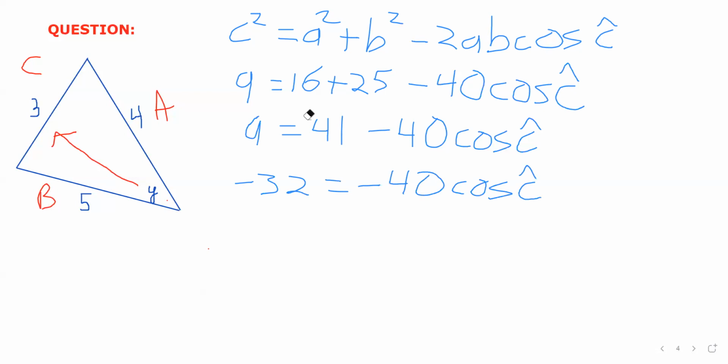So we end up with negative 32 divided by negative 40, which is equal to cos the angle at C.